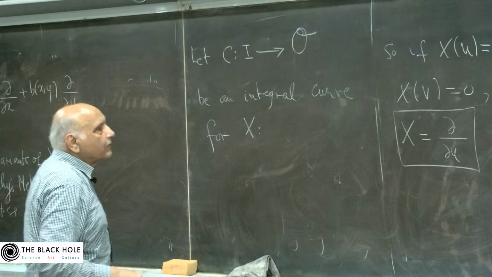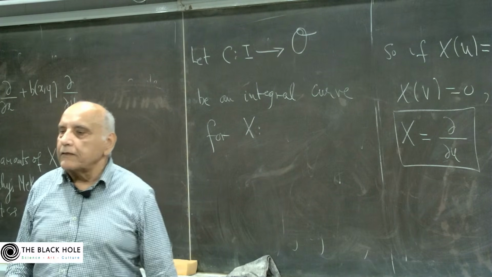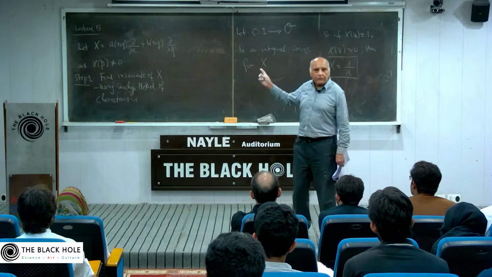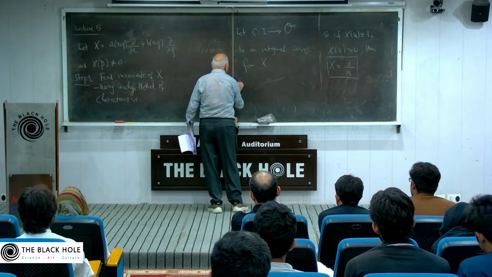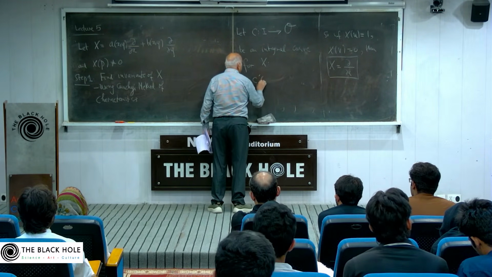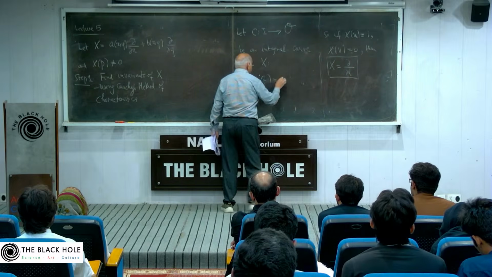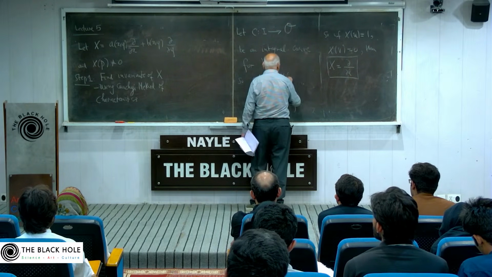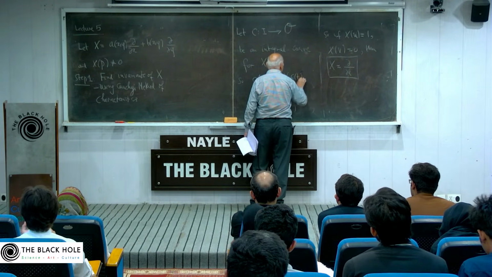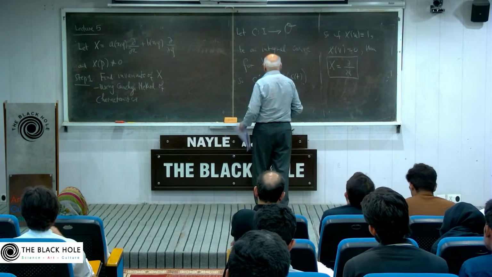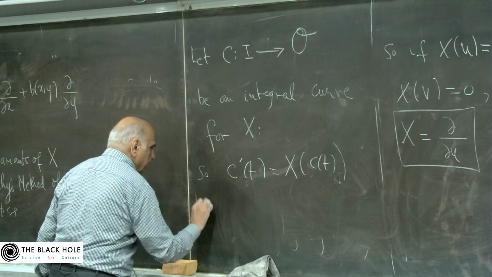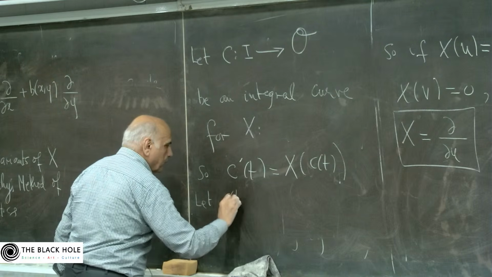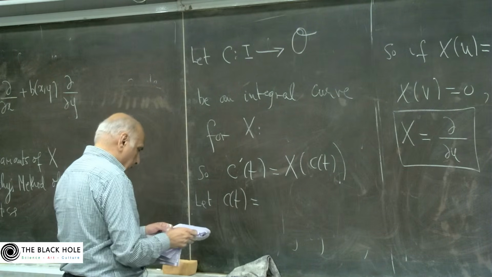So what is the meaning of integral curve? c prime t is the value of x at c(t). So c prime t is the value of x at c(t). So let the components of c(t) be x(t) and y(t).